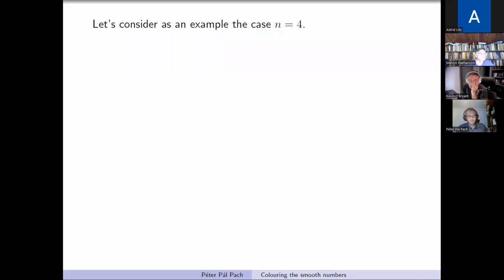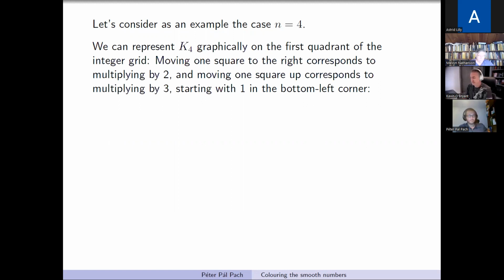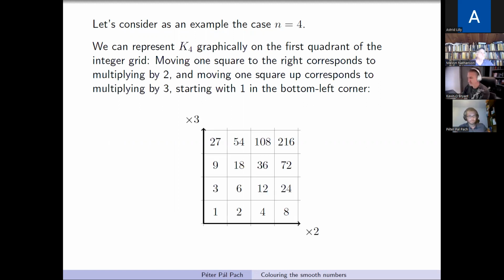Yes, let's start with a small example, which is not the smallest one. So let n be 4. Here we have 2 prime factors, 2 and 3, and we will use the integer grid to collect the 4-smooth numbers. The x coordinate tells us the exponent of 2, the y-coordinate tells us the exponent of 3. And here in this quadrant, we have all the 4-smooth numbers.